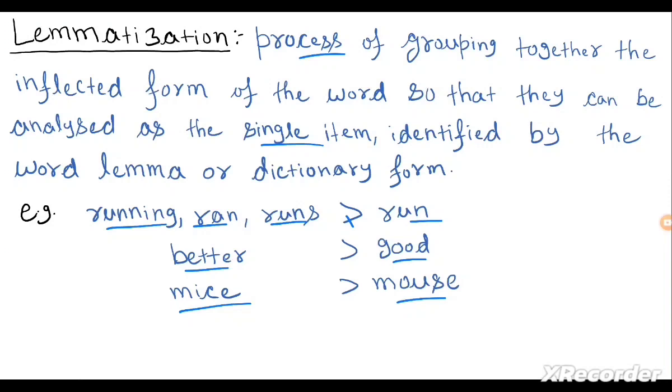You might be wondering what the difference is between stemming and lemmatization. Stemming and lemmatization are similar, and you will understand them better when you understand their differences. So let's move on to the next slide and understand the difference.